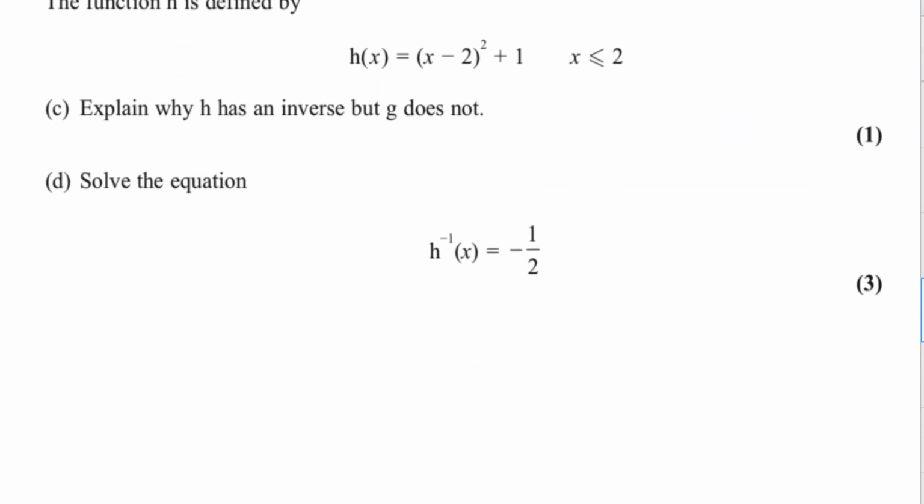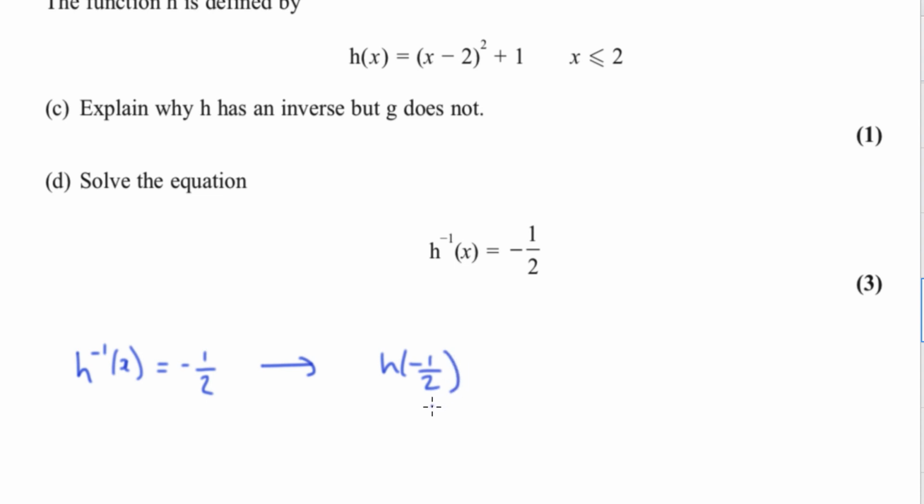Okay, so then part D asks us to solve the inverse of h equal to -1/2. We can do this two ways. We can work out h to the -1 of x and then solve it equal to -1/2. But there's another thing we can do as well, which is to just work out h of -1/2.